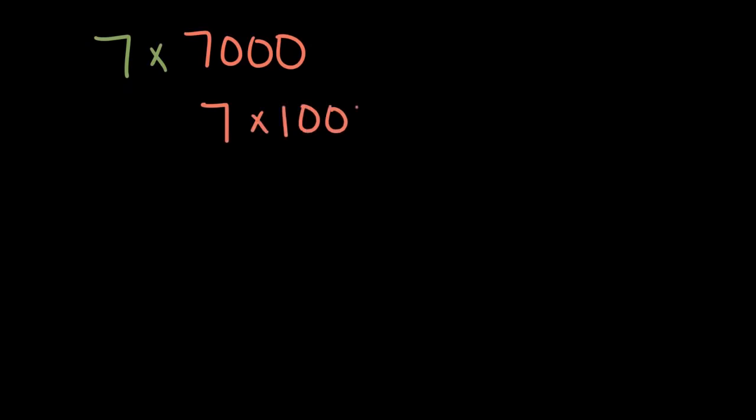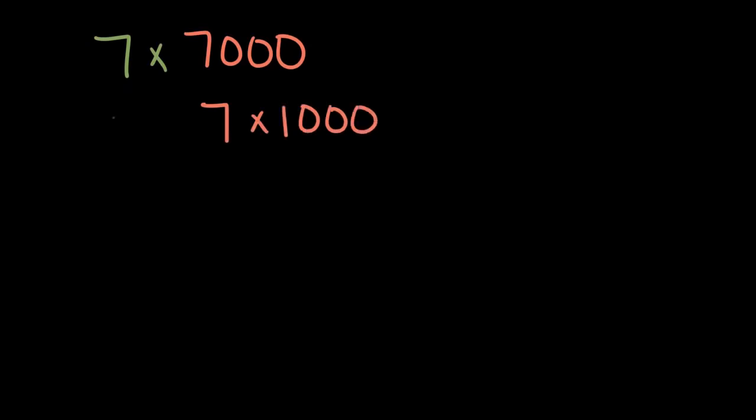Let's try another one, but this time let's go even another place value and try thousands. Something like 7 times 7,000. So like in the previous ones, we're going to break up our thousands. 7,000 is the same as 7 times 1,000. 1,000 7 times.